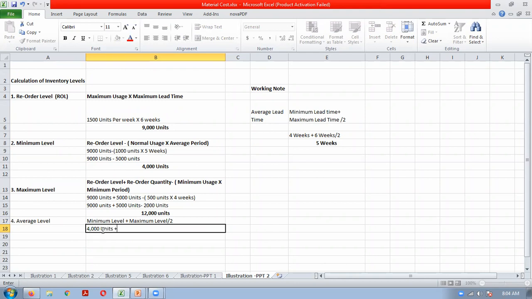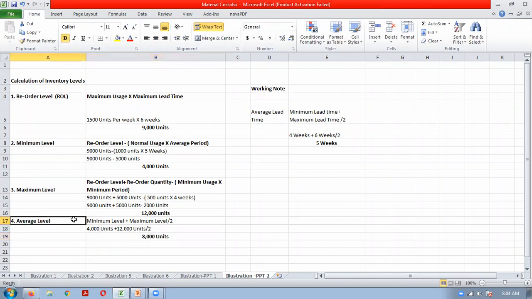Maximum is 12,000 units. Divided by 2. It should be how much? 4 plus 12, 16, divided by 2. It should be 8,000 units, which will be your average. So over a period of time, your average stock in the business will be 8,000 units. On an average, you will keep 8,000 units.